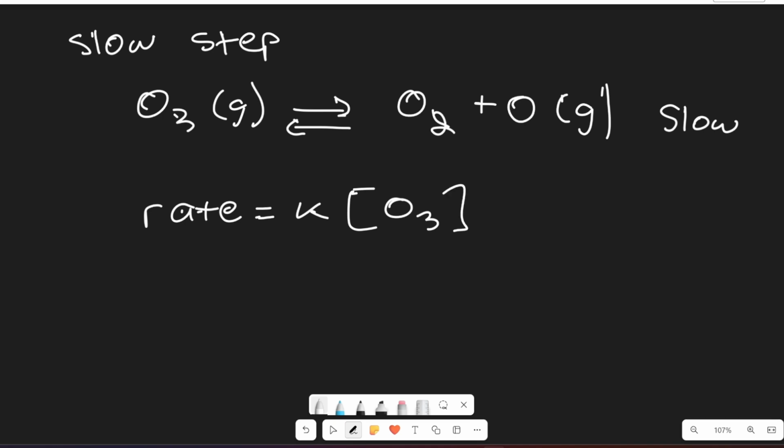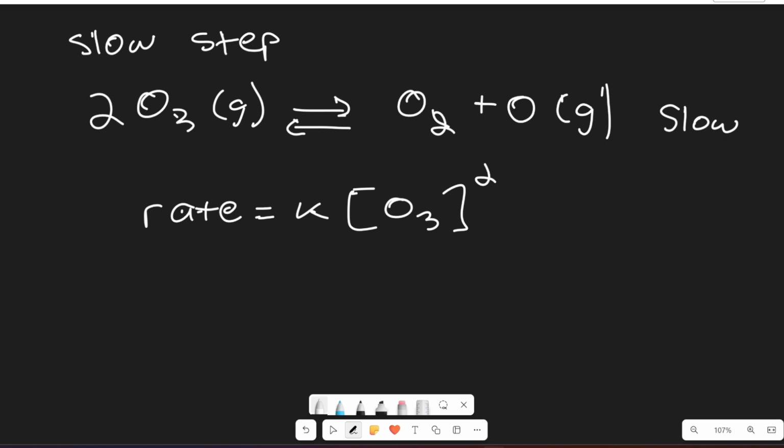And then if O3 had a 2 in front of it, we'd add a 2 here. We can only do this and write the rate law from this expression because this is considered an elementary step, or a step that is just one part of the reaction as a whole, one part of the mechanism.